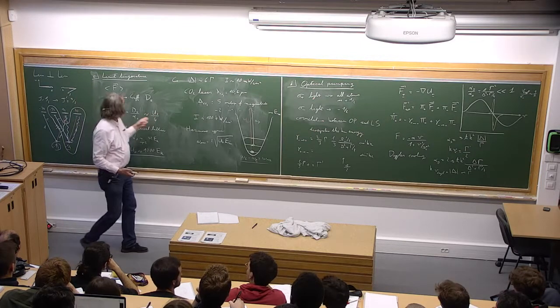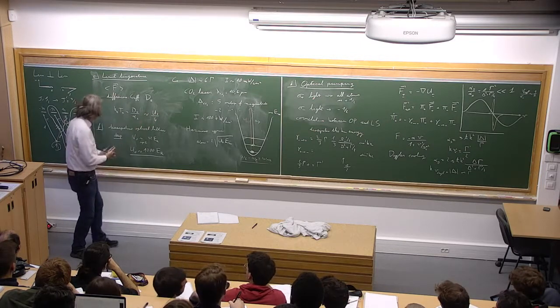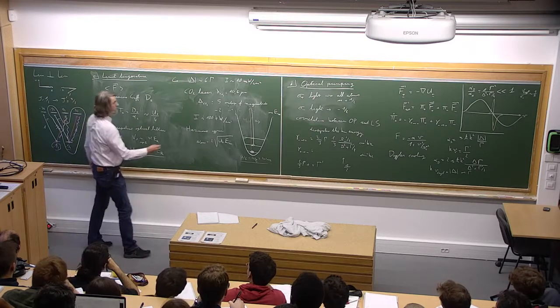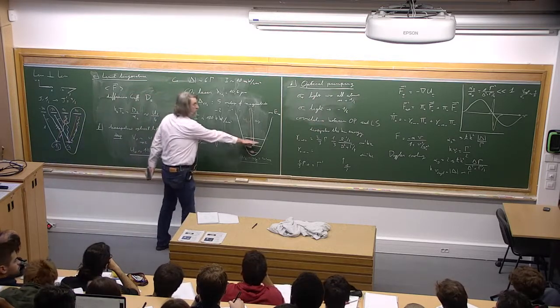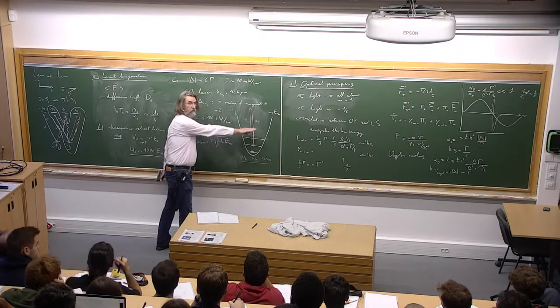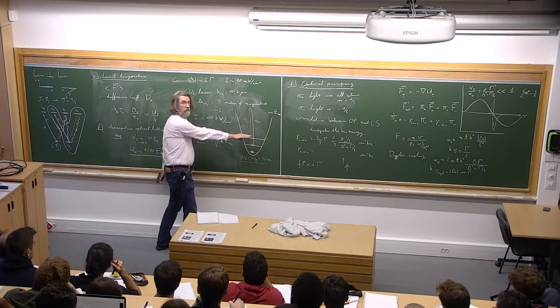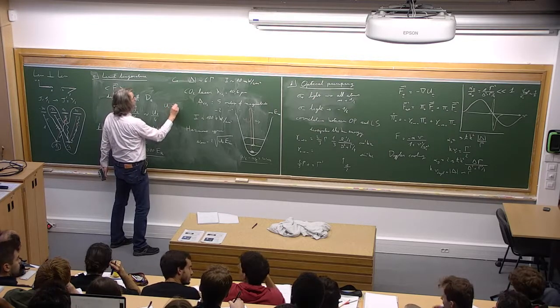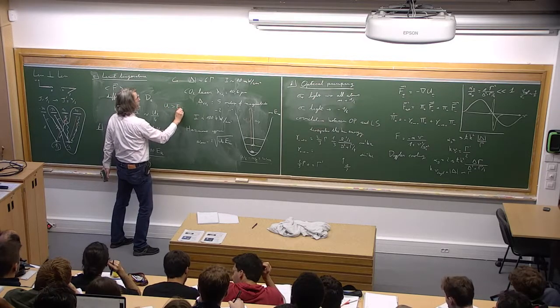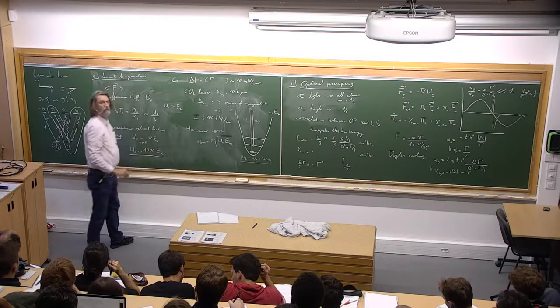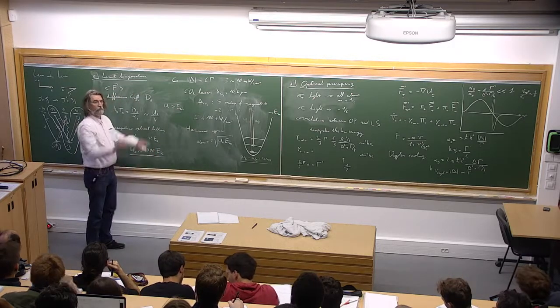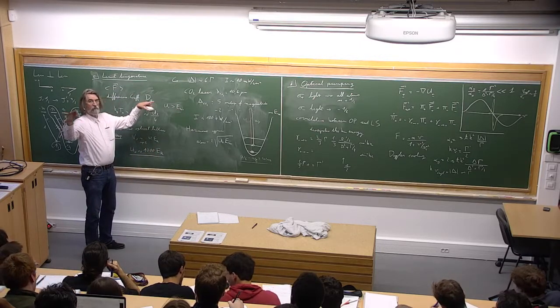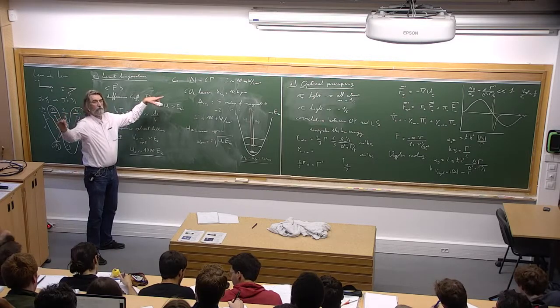Probably this approximation is valid only if you have oscillation trapped levels. So it means that you should have U naught larger than recoil. Otherwise, your potential is too shallow and you will not keep atoms in it.